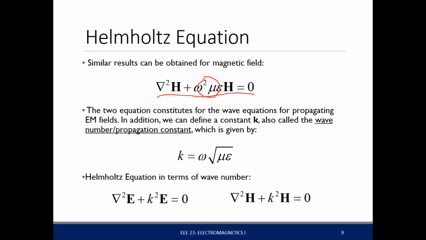We'll call this k squared. And this is actually the wave number, or the propagation constant, which is given by this equation right here. So in terms of wave number, the Helmholtz equation becomes this and this. We're already considering the Laplacian here, so we're considering the propagation in all directions.